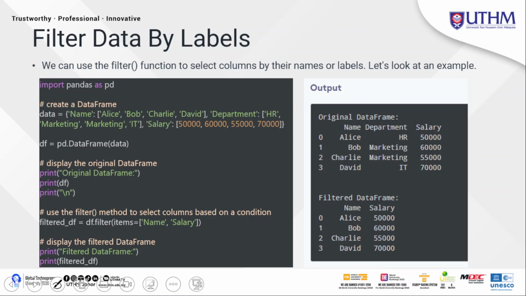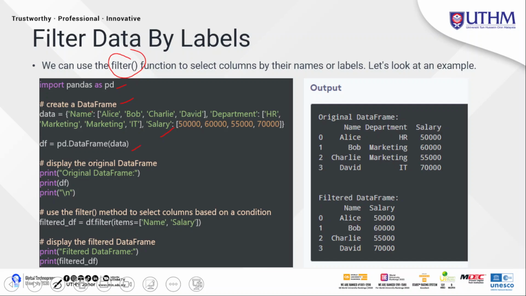Let's see an example. We can use the filter function. This is your filter function to select the columns by their names or labels. Let's look at an example here. As usual, import pandas, create the data frame with the data.